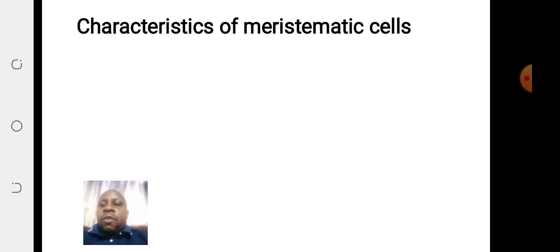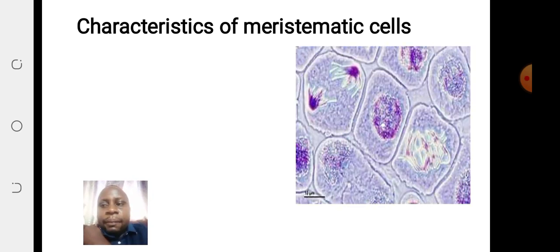what are the characteristics of meristematic cells? Have a look at this particular diagram. What can you see? What are some of the features that are distinct? Do these cells have any cytoplasm? What about the thickness of the cell wall?